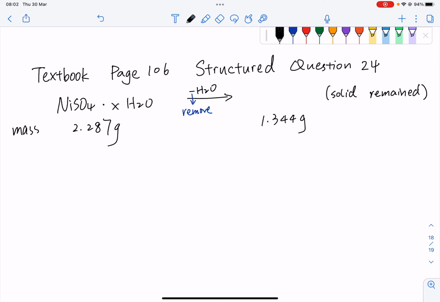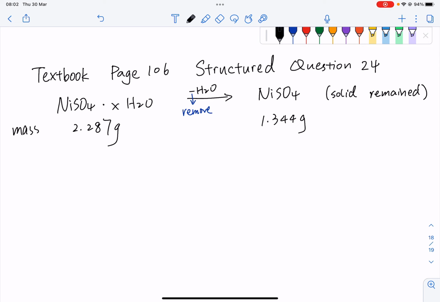It will be anhydrous nickel sulfate, so here should be NiSO4. Now we know the two masses. What's the question asking about A? A asks us to calculate the value of integer x. So let's work out A first.